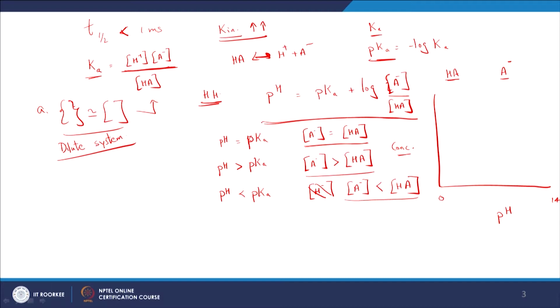So first obviously the fundamental aspect is going to be dependent upon pH equal to pKa plus log A minus by HA. So obviously it is always a ratio. So as you see, HA, everything at pH 0 is going to stay as HA. So as you increase the pH, it can dissociate further, and the HA concentration keeps decreasing, right, and that is what you see here. As you keep increasing the pH, the HA concentration keeps decreasing.